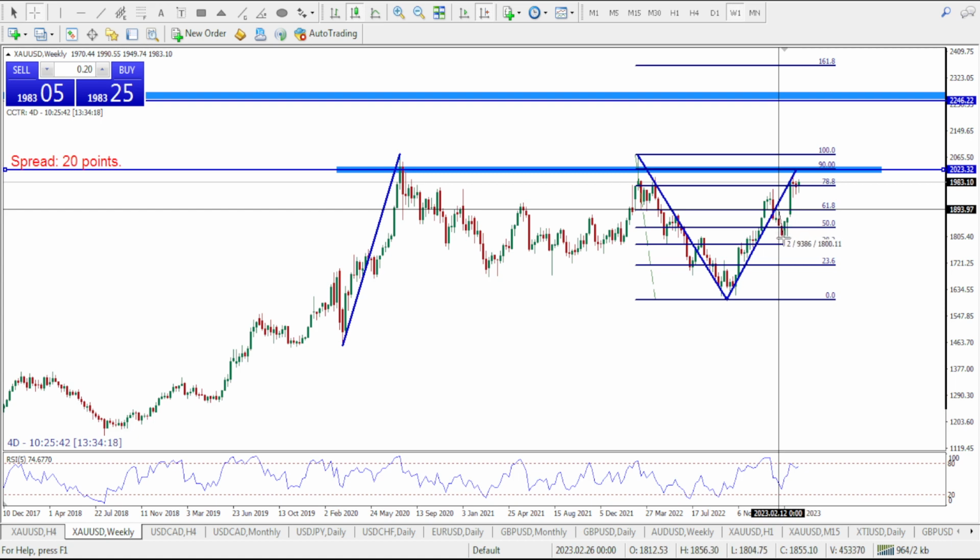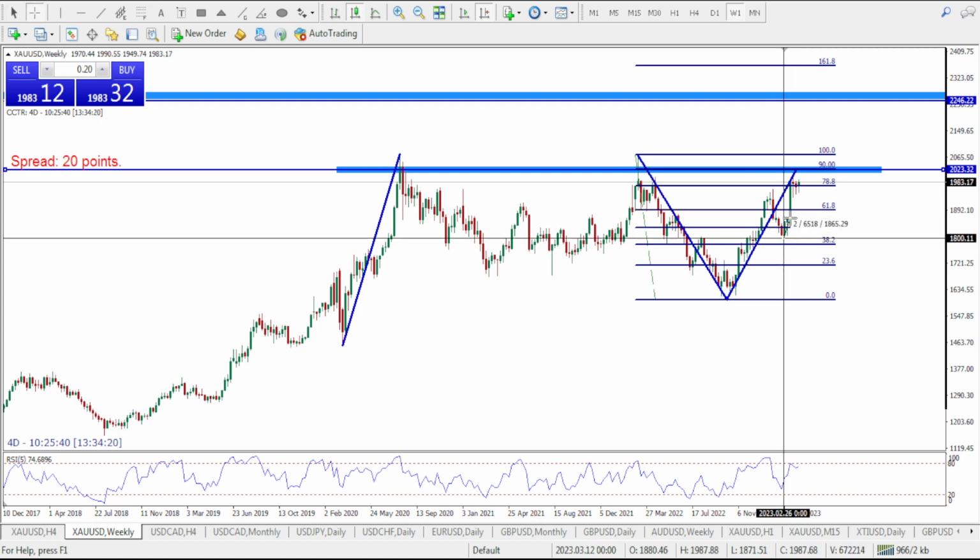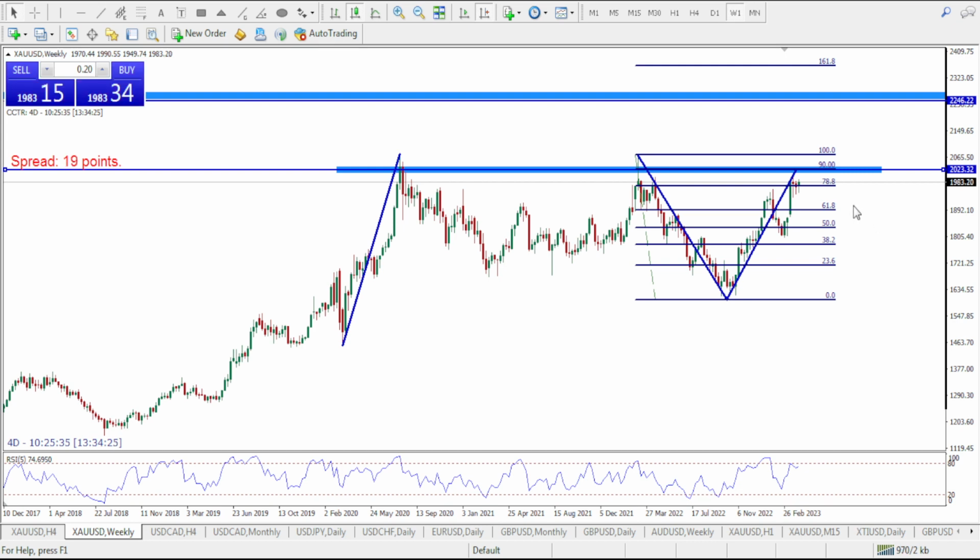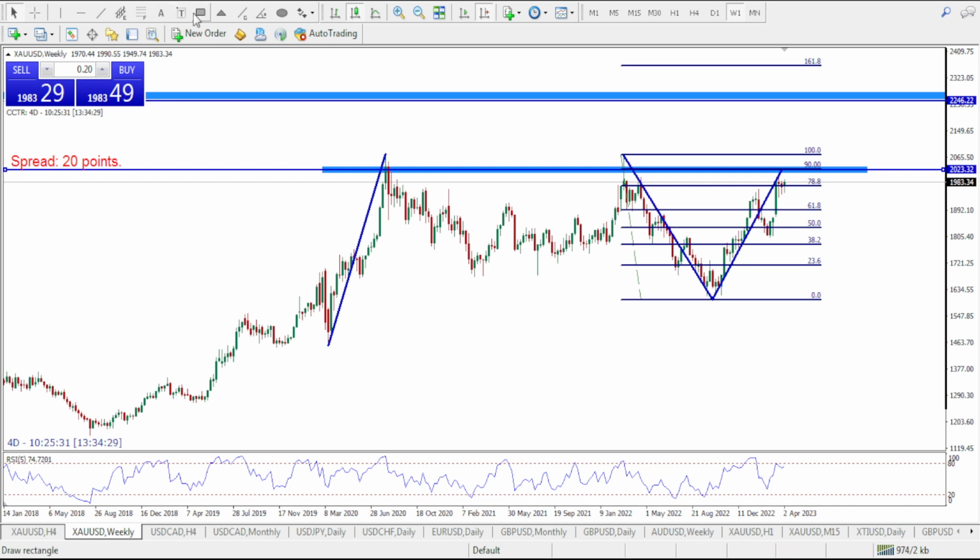Here I took a good trade and here I took an ordinary trade which I closed early because I was away from the screen. So the rules of this Fibonacci were violated on the weekly.